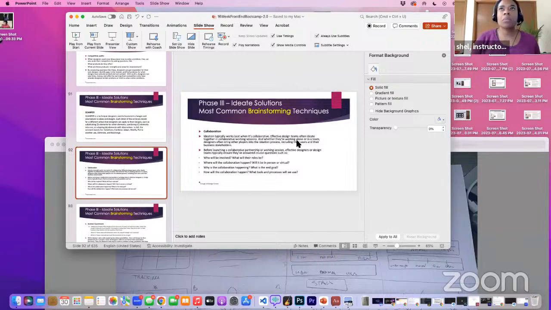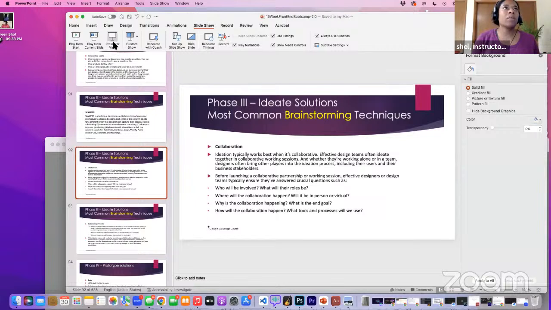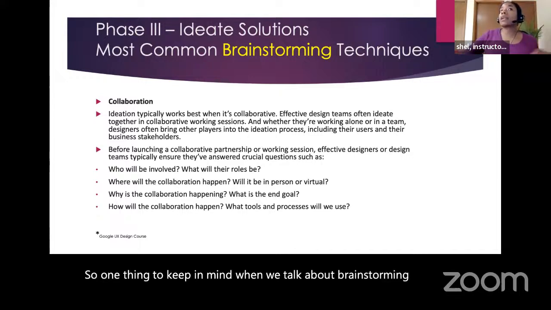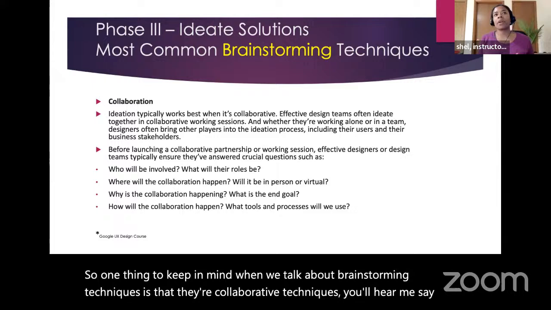So one thing to point out, let me do it this way so you guys can see it. One thing to keep in mind when we talk about brainstorming techniques is that they're collaborative techniques. You'll hear me say collaboration over and over again.